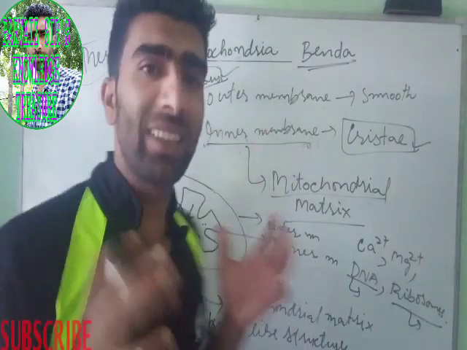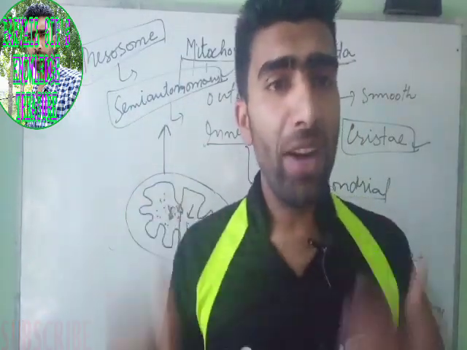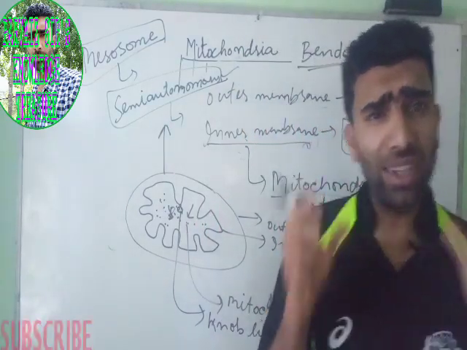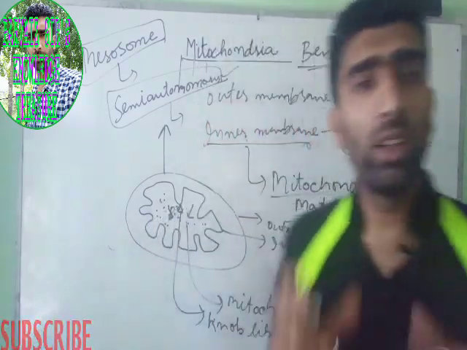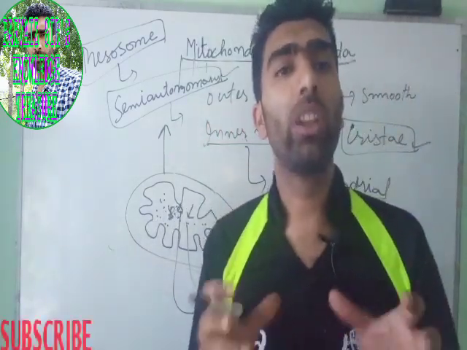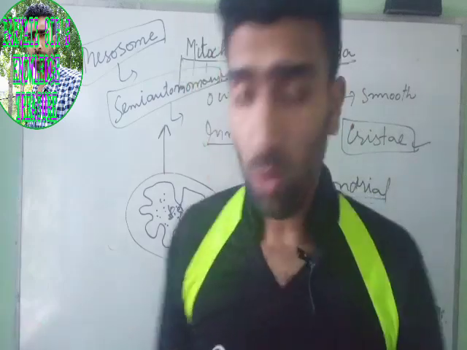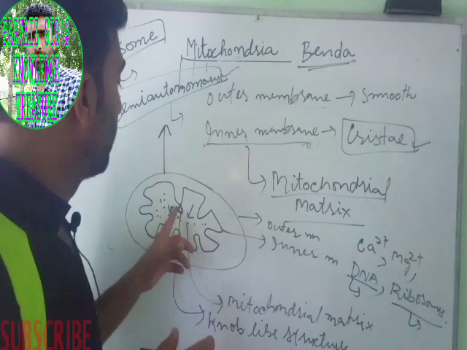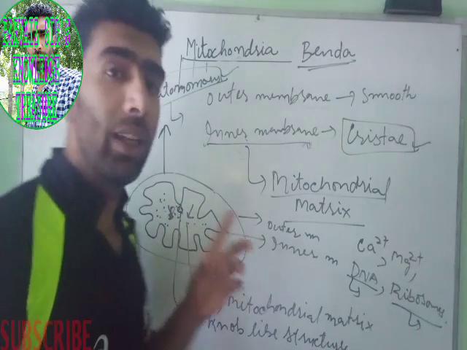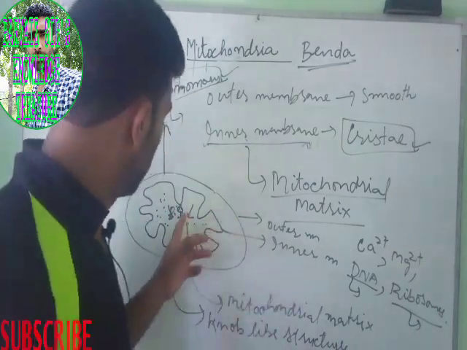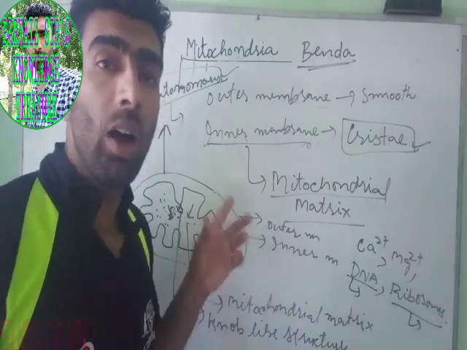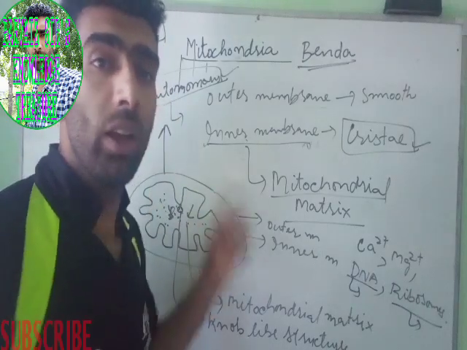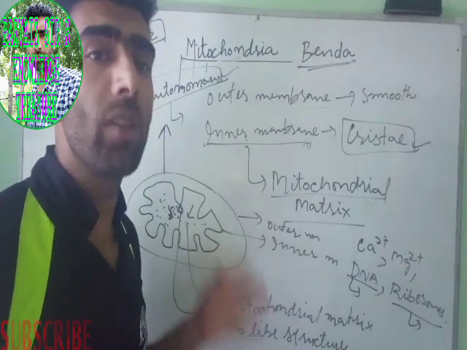And these knob-like structures are called elementary particles or oxysomes, which are the sites of electron transport chain in cellular respiration. So, we can say that these knob-like structures on the inner membrane of mitochondria are the sites of electron transport chain in which the maximum number of ATPs are produced.